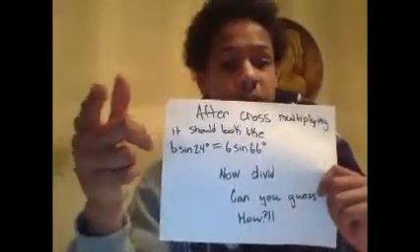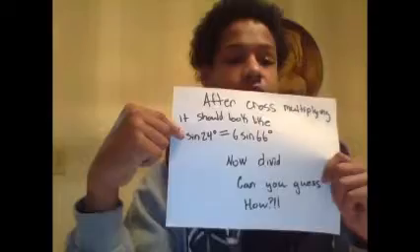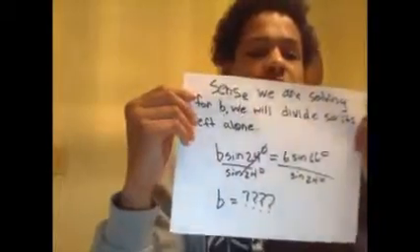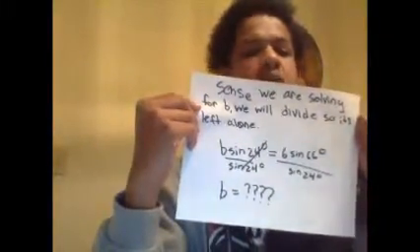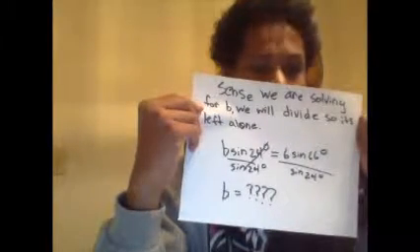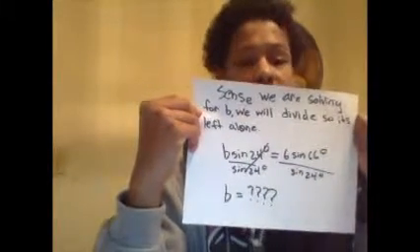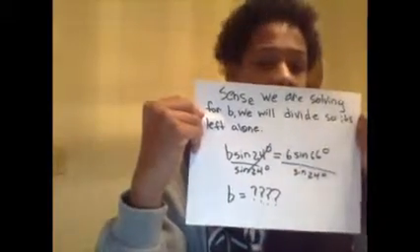Yes, B. So we're going to divide out the sine 24. Right? So this is how it should look. Since we are solving for B, we will divide. So it looks like B is alone. So now we have 6 sine 66 divided by sine 24.